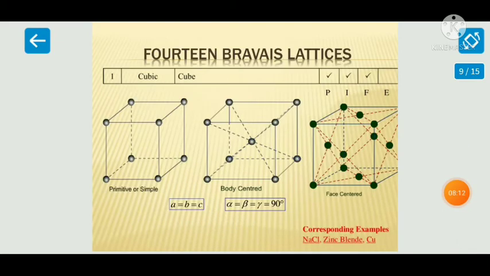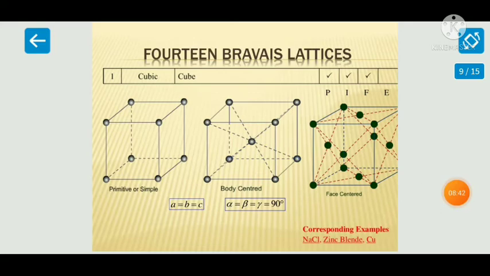14 Bravais lattices. Cubic structure: primitive or simple, body centered, and face centered. See the atoms at the corners, and then at the center of the body and the faces. A is equal to B is equal to C, and alpha is equal to beta is equal to gamma is equal to 90-degree angles.